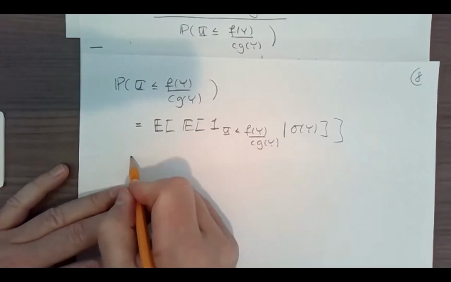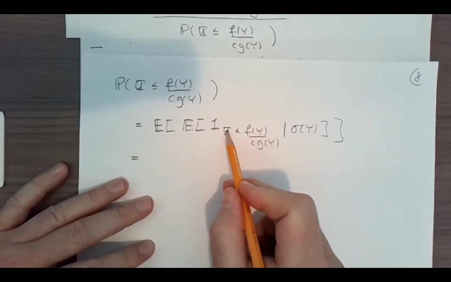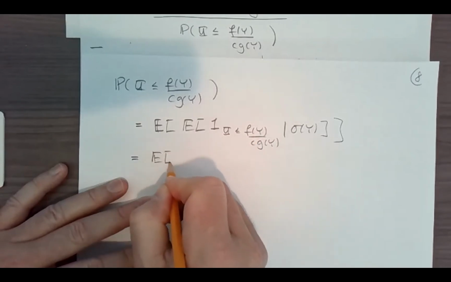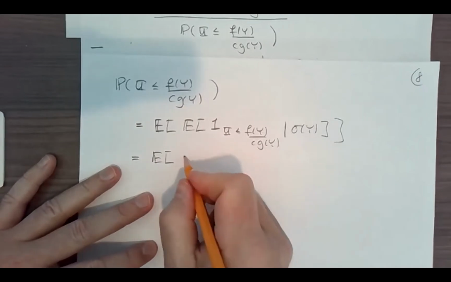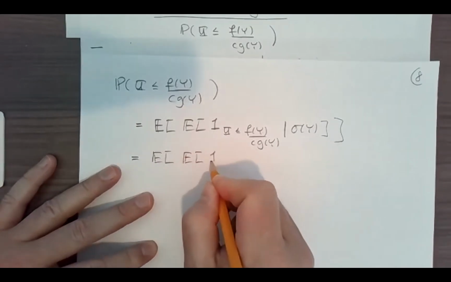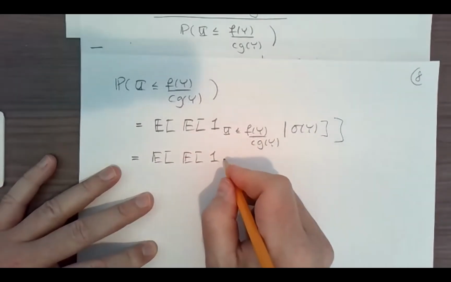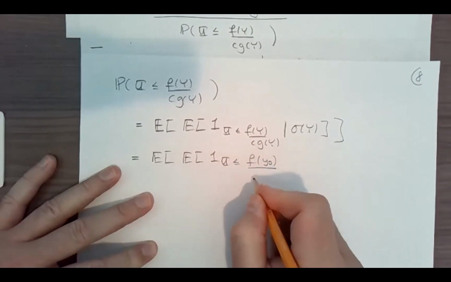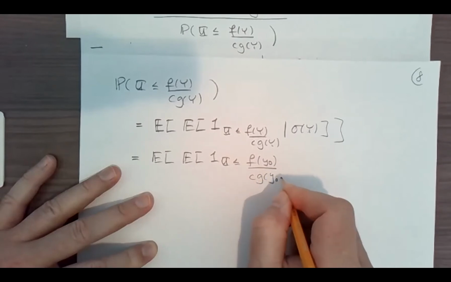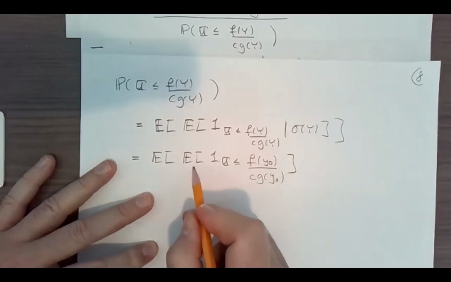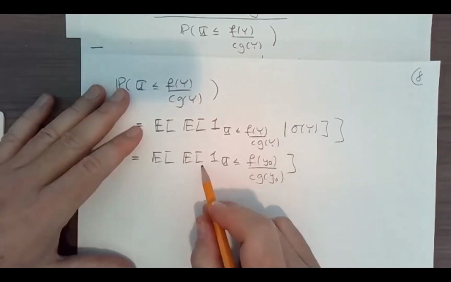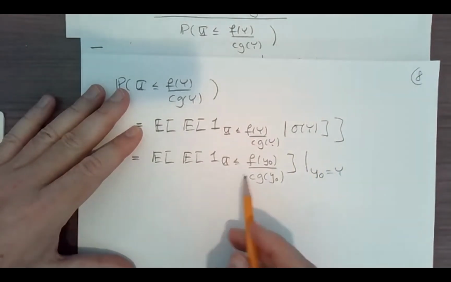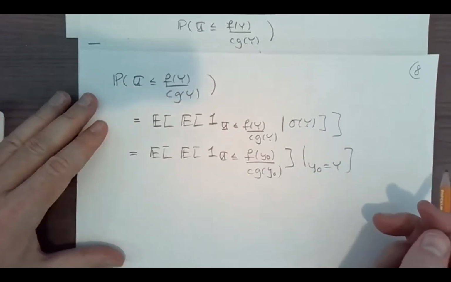Okay, so we'll proceed as before. U and Y are independent, so I can use the independence lemma. It says you take out what you condition on, replace it by a dummy, and when I'm done computing the unconditional expectation, I replace the dummy by the random variable that I was conditioning on.